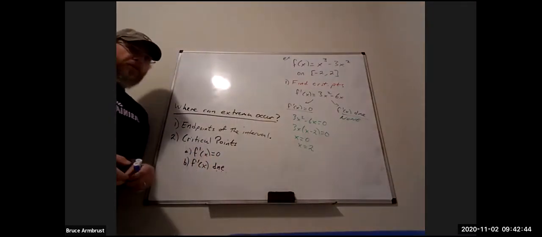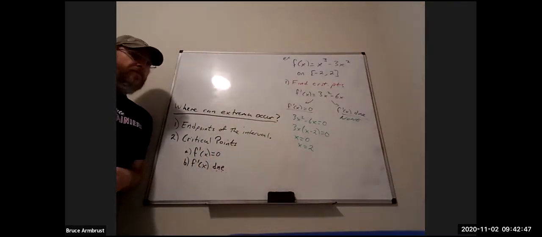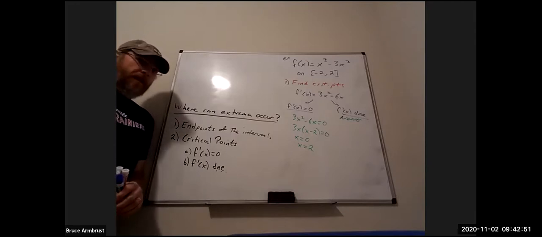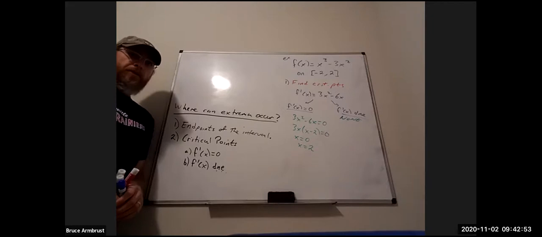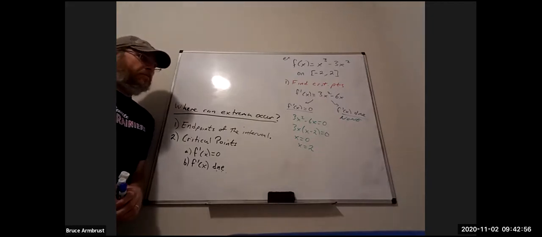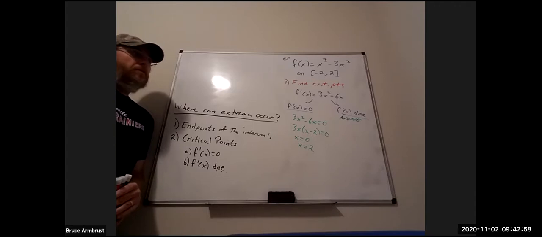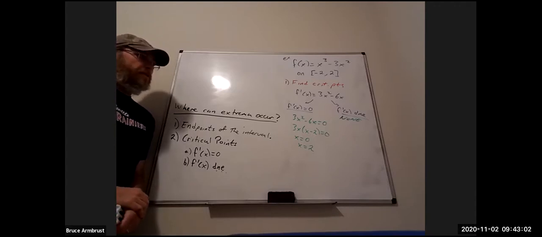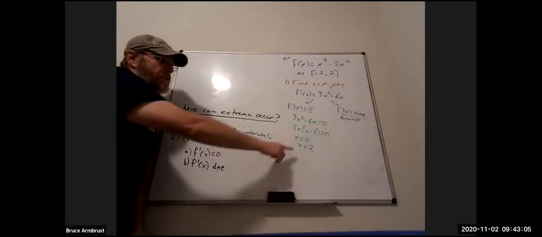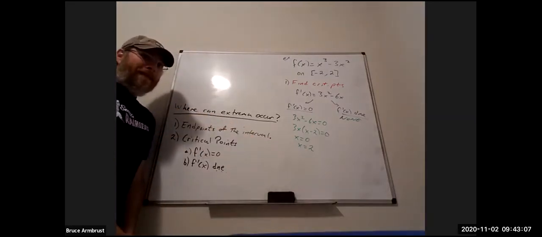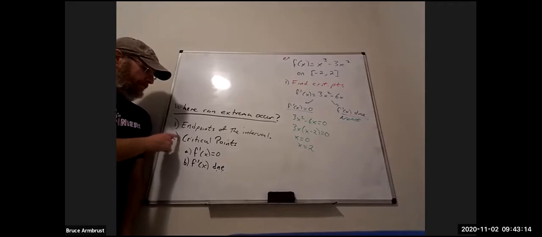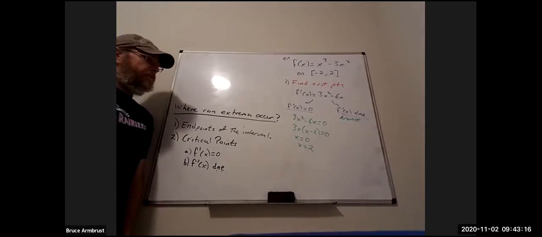And so there are two places where the derivative equals 0: x equals 0 and x equals 2. All right, so those are the only places where we might have an absolute extrema other than the endpoints. So we just have to check both of these.